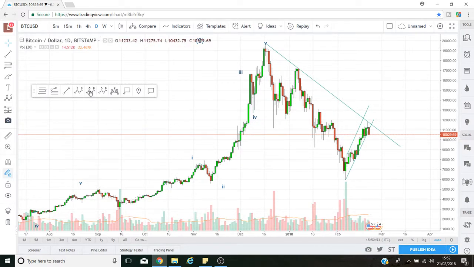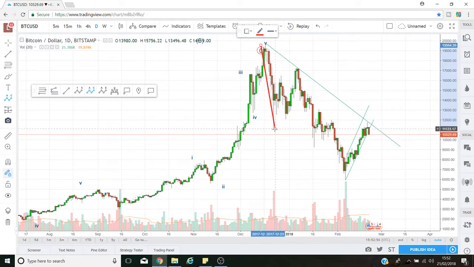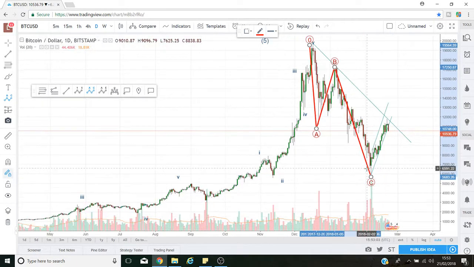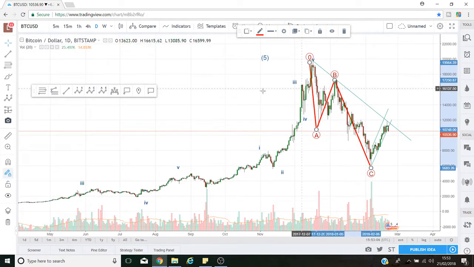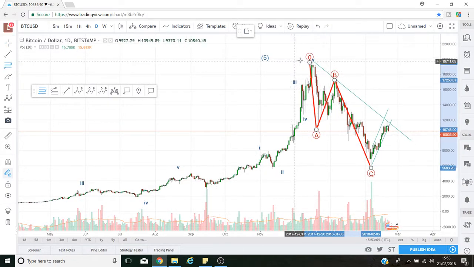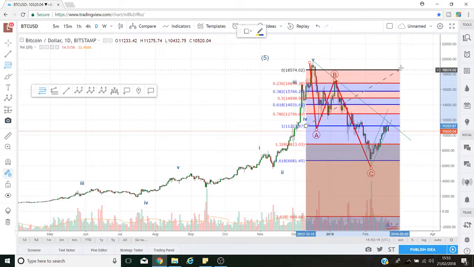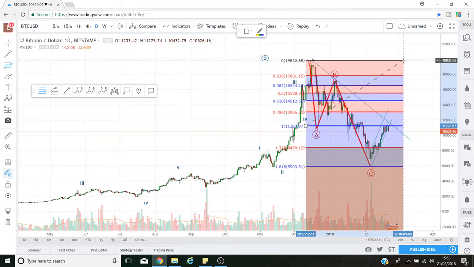If I just draw simply first an ABC, which is my count, that's your wave A, your wave B, and your wave C. Now interestingly, if you do a Fibonacci retracement from the end of wave A and bring it to the top of wave A, look at that, wave C is an exact 1.618 extension of wave A. Sorry, not wave C.